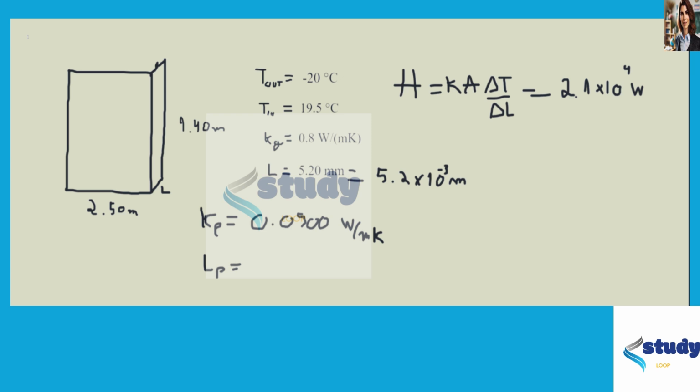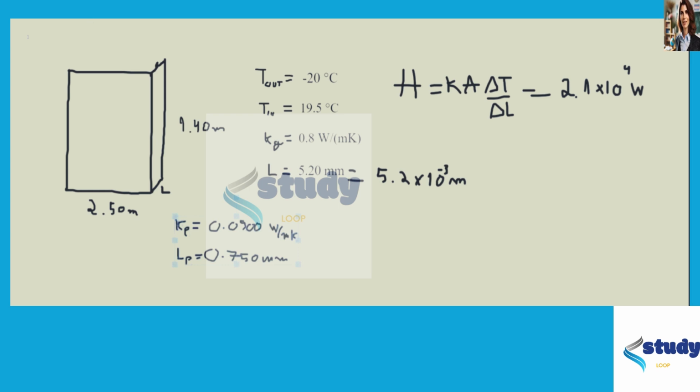Let's call this LP. And this is 0.750 millimeters. Now, with this information here, we can calculate the heat flow through everything.